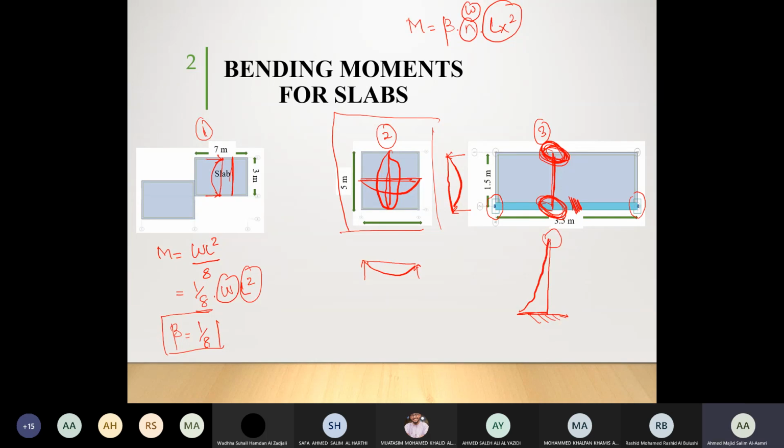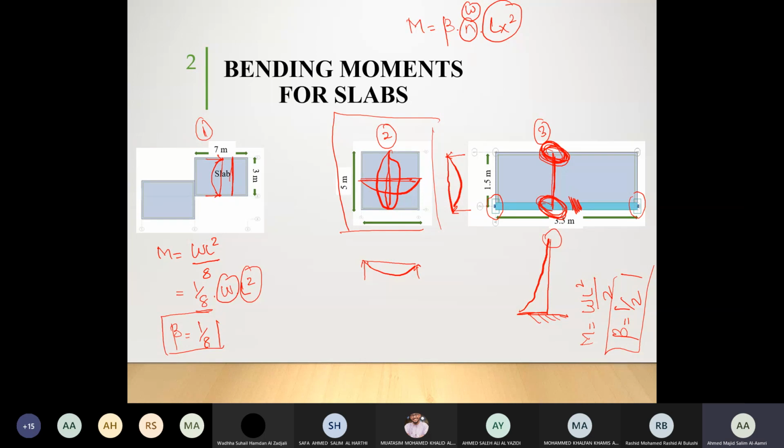What is the equation for bending moment for a cantilever? WL square over 2. What's the coefficient of bending moment? Half. So beta is equal to half.